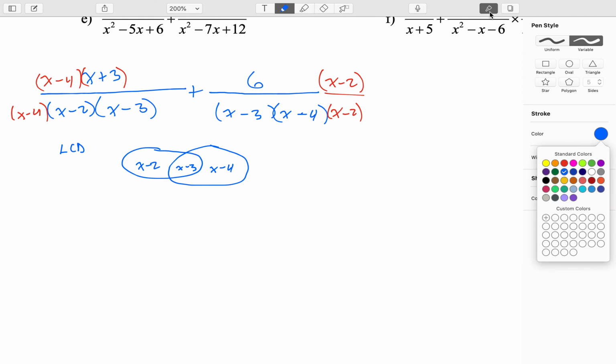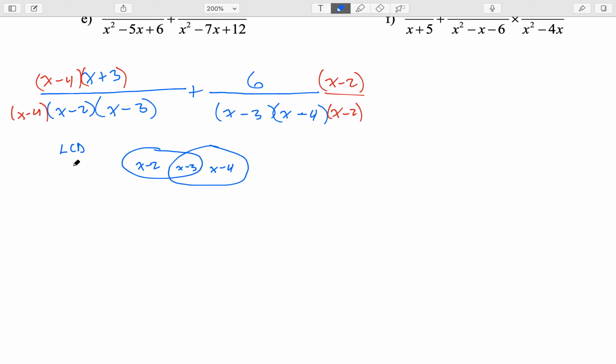So let's expand all this stuff out. What do we get? Whoa. So see the denominator? X minus 4, X minus 2, X minus 3. It's the same on both sides. So now I can write it as one huge fraction. I'm going to write it as 3 factors: X minus 2, X minus 3, X minus 4. But the top is going to be, this is a trinomial, and this is 6 times, okay, so what do we got?